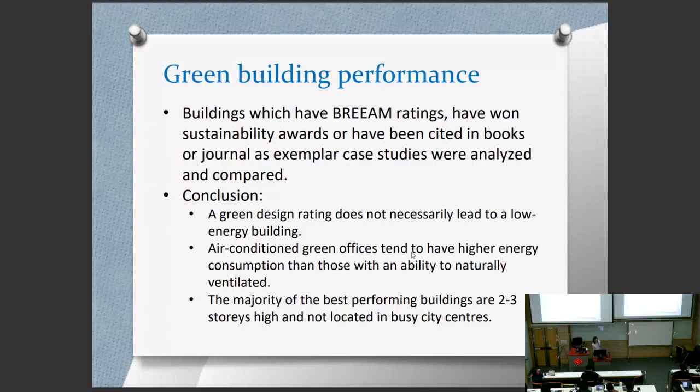Air-conditioned green offices tend to have higher energy consumption than those with an ability to naturally ventilate. I think this is very easy to understand. If the building relies on natural ventilation only, then the energy consumption, of course, will be lower. The majority of the best performing buildings are 2 to 3 stories high and not located in the busy city center.